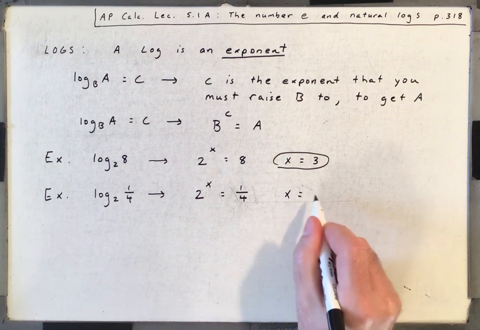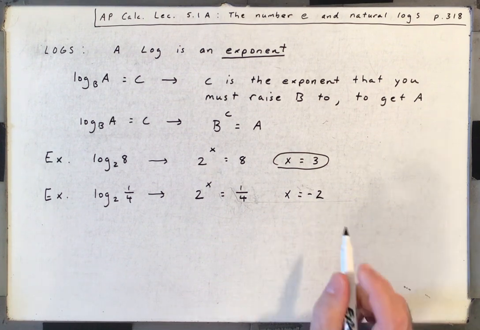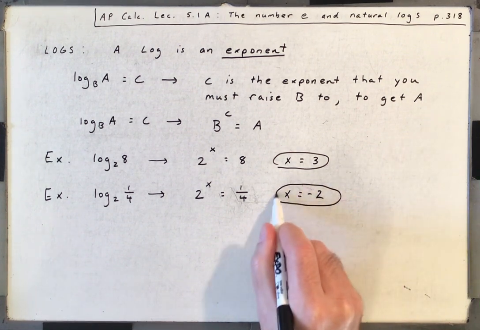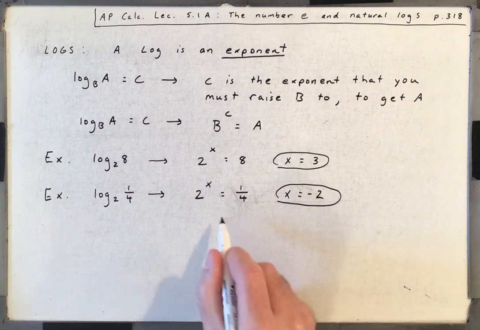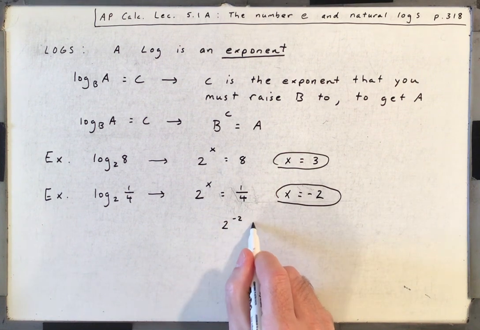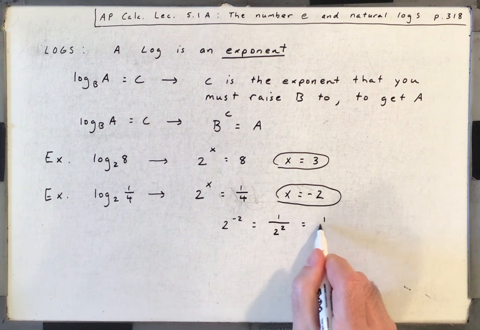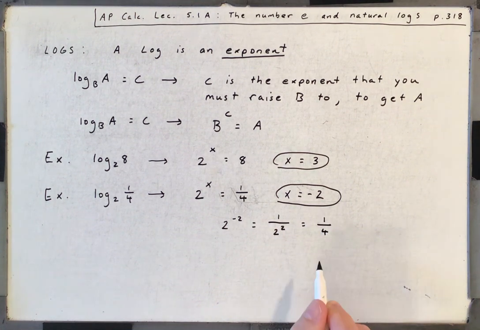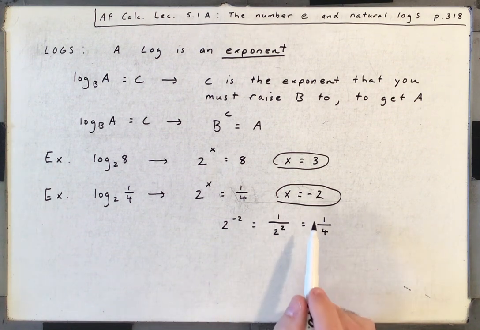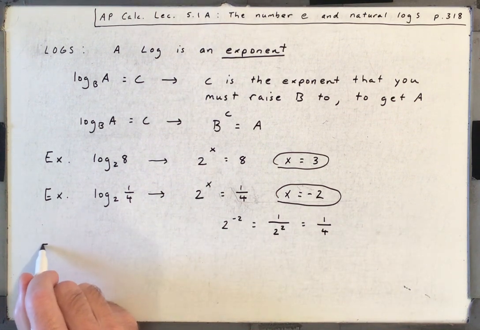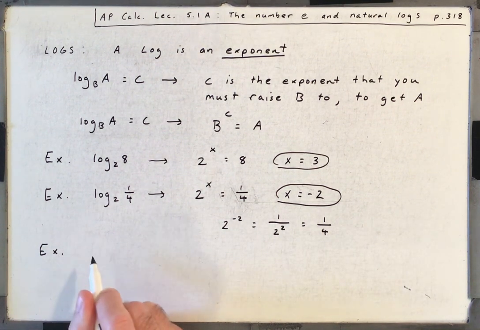It's going to be -2. 2 to the -2 power is the same thing as 1/2 squared, which is 1/4. So you have to kind of put your brain in the negative exponent process for a second.